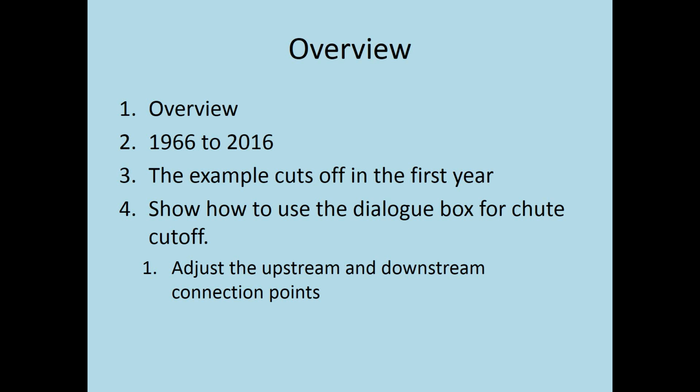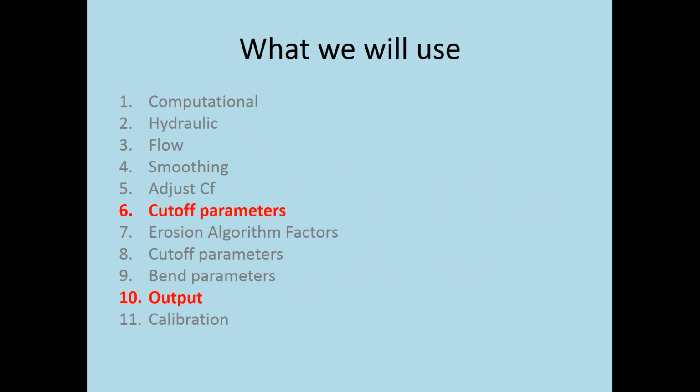Now the meat of this tutorial is going to be how to use the upstream and downstream cutoff location points. In the iRIC model, you go to the calculation condition and then the settings, and you get the calculation condition dialog box brought up.